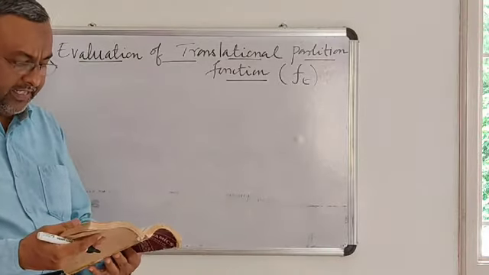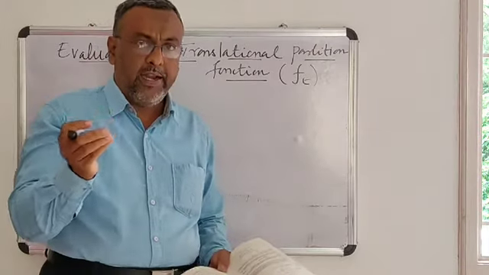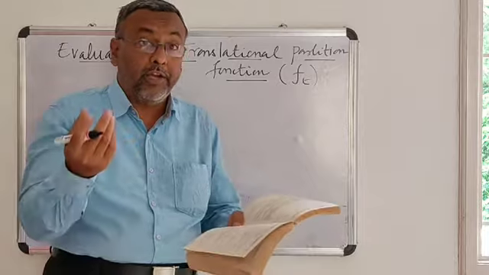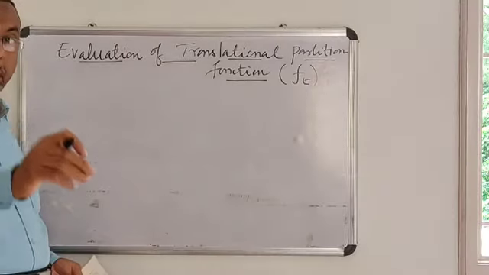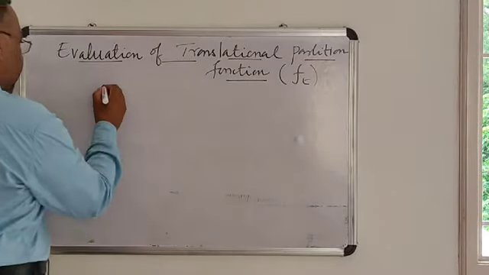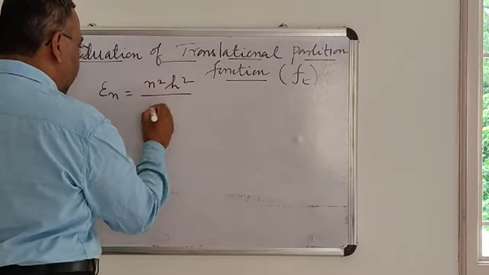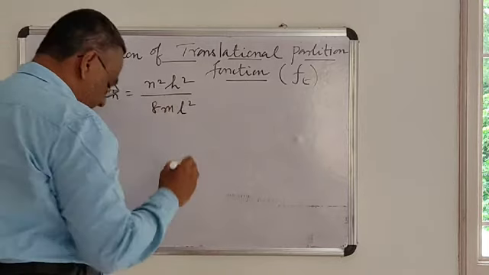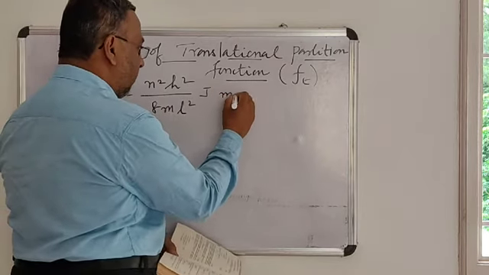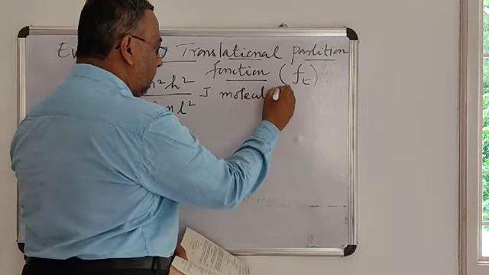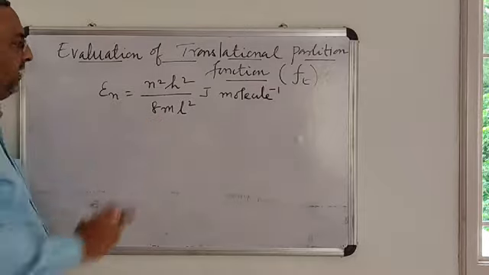For example, if I consider a particle in a one-dimensional box, what about its energy? The translational energy of a particle residing in a one-dimensional box is given as En equal to n square h square divided by 8 m L square, in joules per molecule.